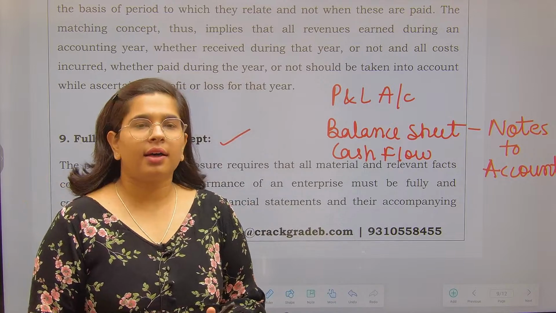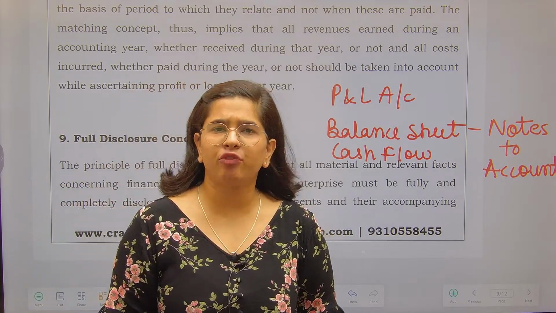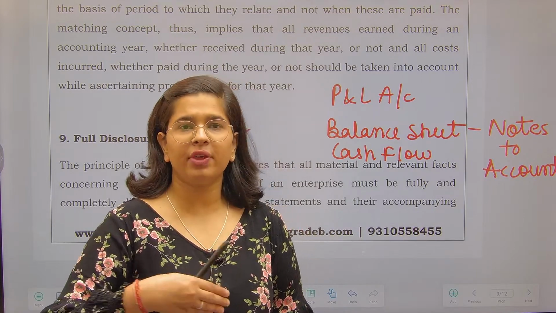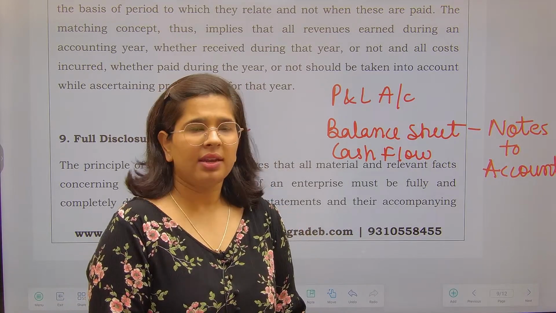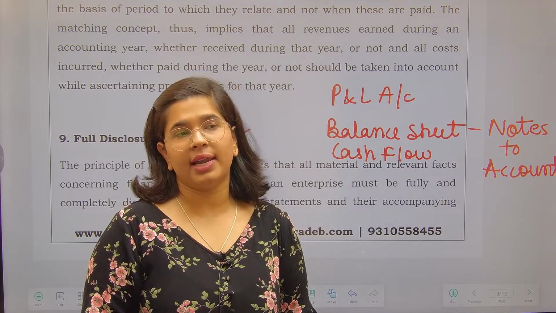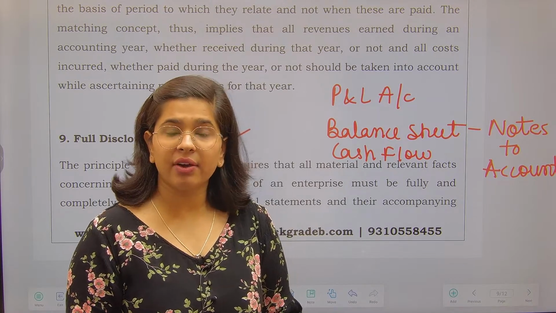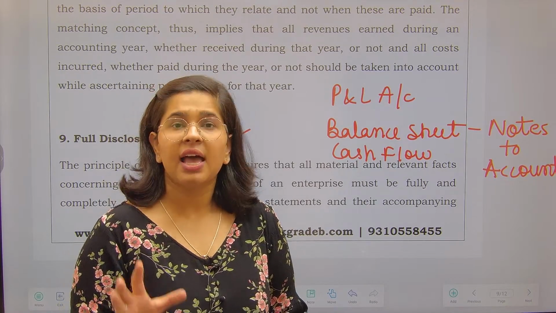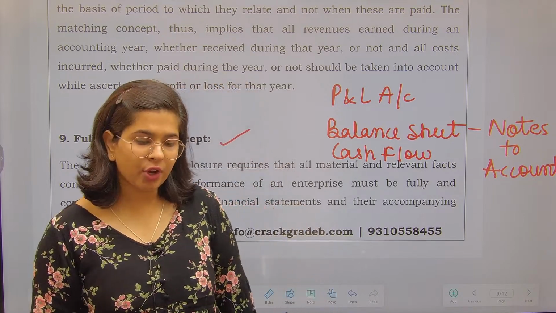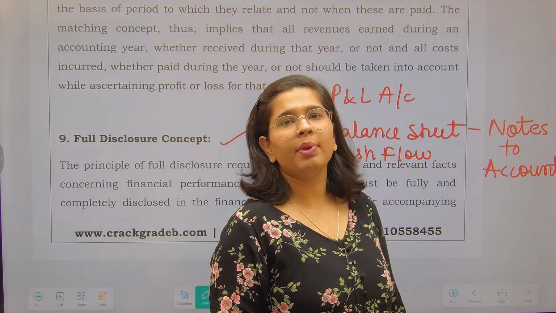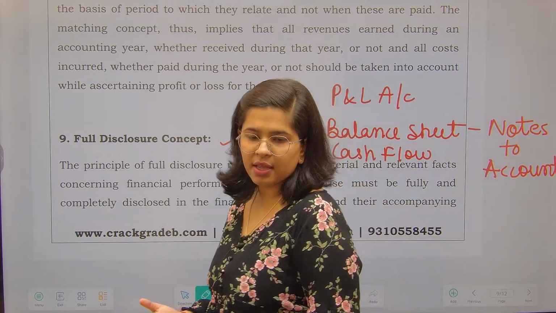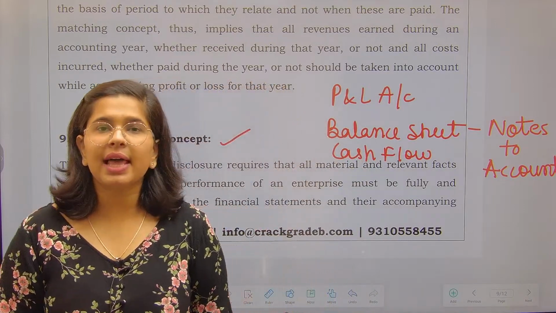Suppose there are pens which are for 5 rupees of worth, they are not material. अगर एक पेन खो भी जाता है, even if we misplace a pen, doesn't matter, this is not material. But a furniture or, let's say, a machinery having a worth of 50 lakhs, अगर उसका एक component खो जाता है, if we misplace a component of such a valuable machinery, let's say 5 lakh rupees worth of component, so now that is a material item for us.